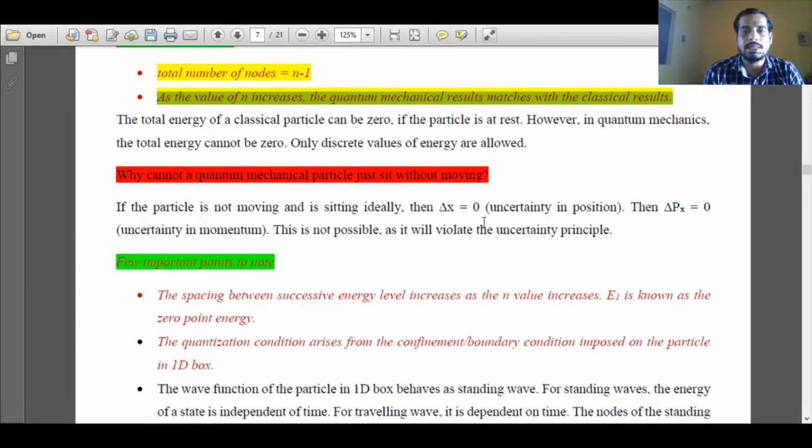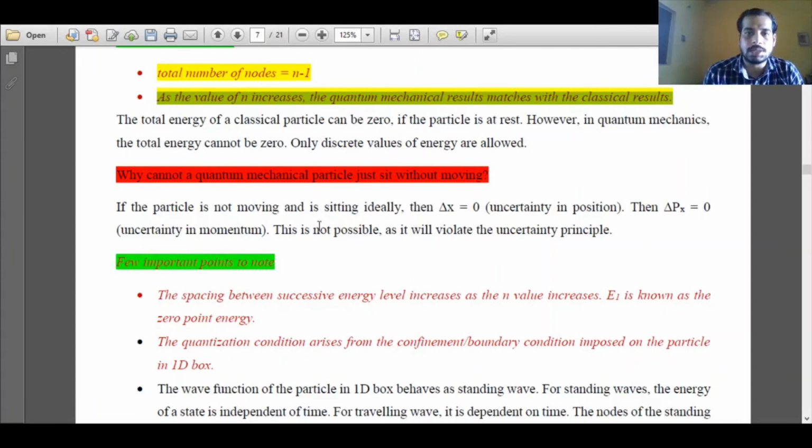According to the Heisenberg uncertainty principle, if uncertainty in position is 0, then uncertainty in momentum becomes infinite, and the uncertainty in momentum cannot be infinite.